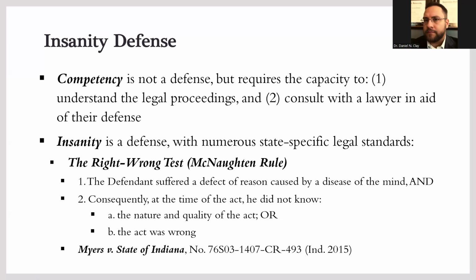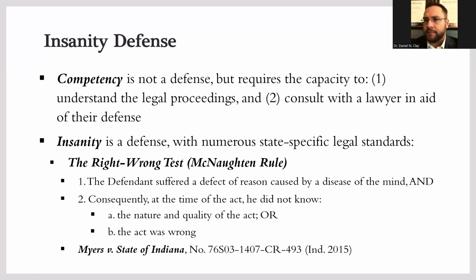So, with insanity, every state defines insanity a little bit differently. Several states use what's called the right-wrong test or the McNaughton rule. And this was kind of the case very early on, right?